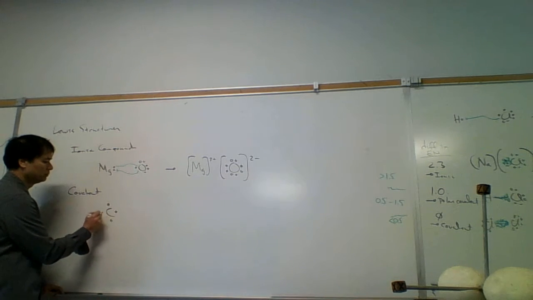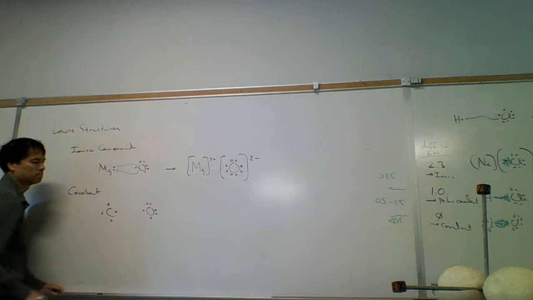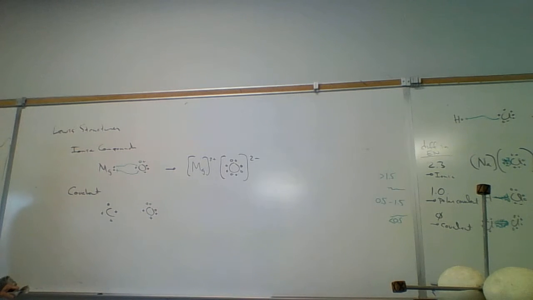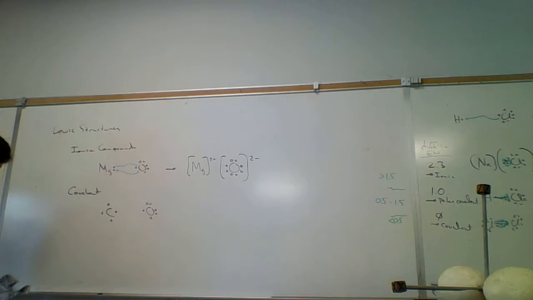It wants 2. Carbon has how many valence electrons? Four. It's in group 4, so that's 4 valent. So we draw the Lewis symbols like this.